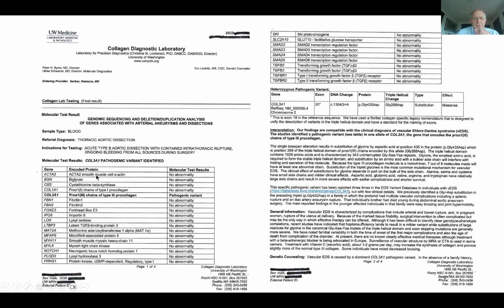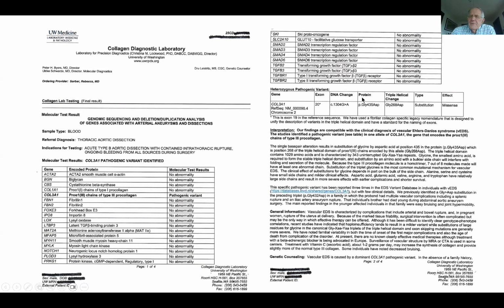The encoded protein is written here. So the ACTA2 gene encodes the ACTA2 smooth muscle cell alpha actin. BGN encodes biglycan. And COL3A1, which was the gene here, encodes the pro-alpha 1,3 chains of type 3 procollagen, in which a pathogenic variant was identified. And for all the other genes here and then over here, there was nothing identified in them, and no abnormalities were identified.